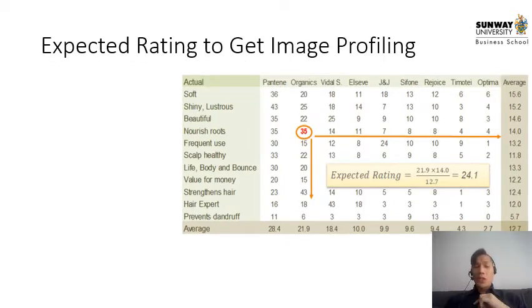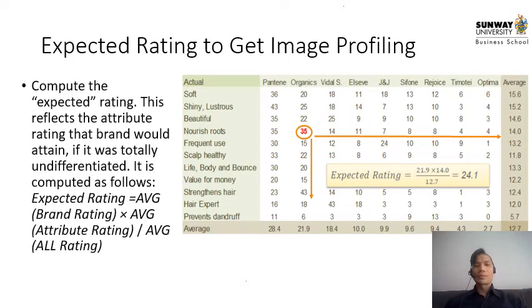Next, what we need to do is to get the expected rating so that we can get an image profiling. Now, how we do this is by taking the column average, this 14 here, times the average of the row, the column and the row, and we divide it over the total average.